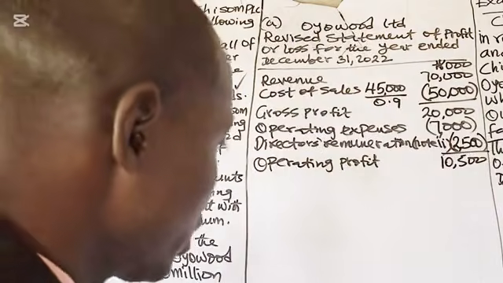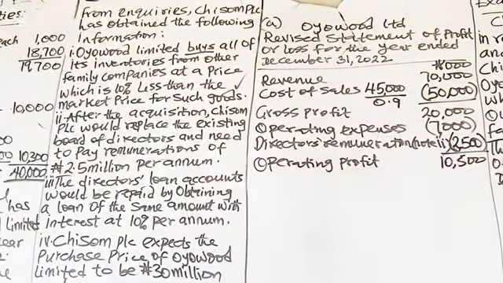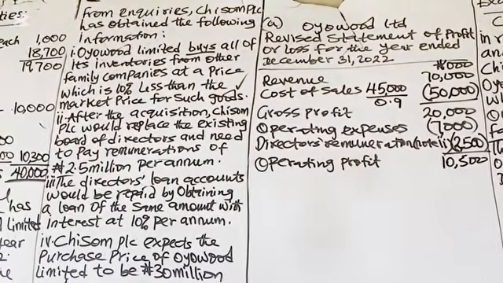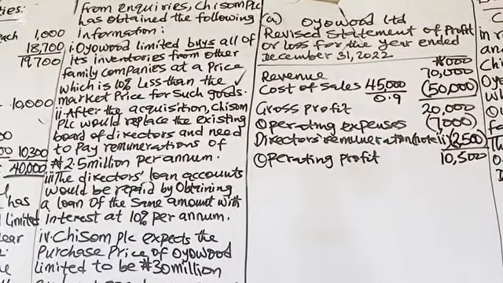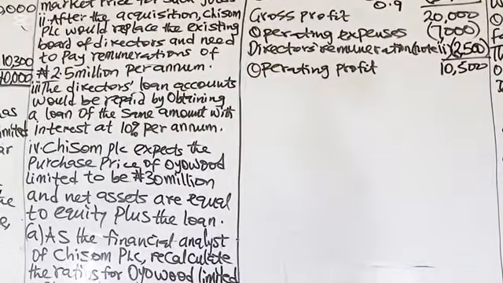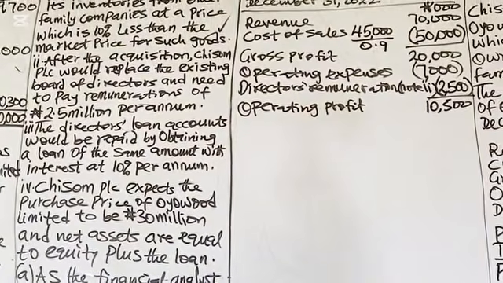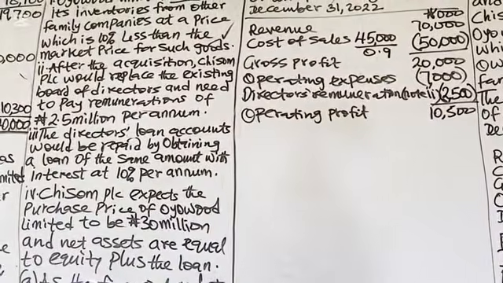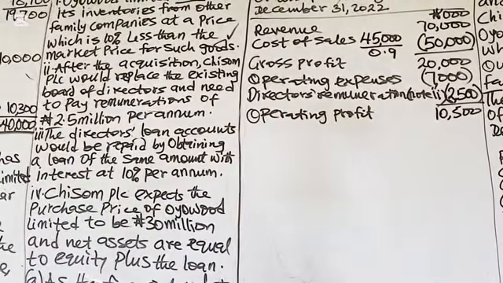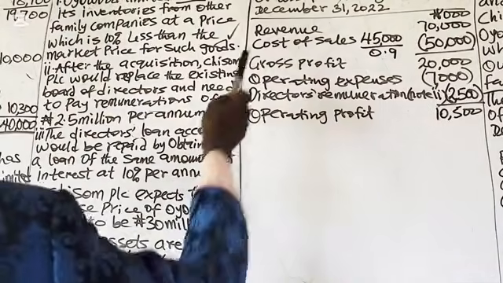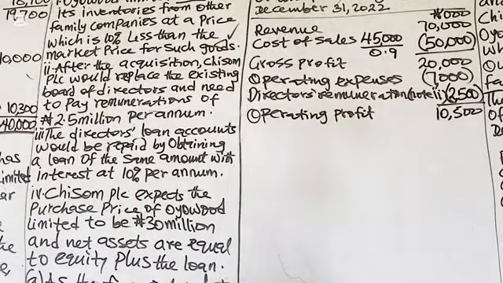If you go through the notes, there is no information about investment income anywhere in the question. So since there is no investment income, this our operating profit will also be the profit before financing and tax. But if the investment income is there, then the investment income will need to be considered before you can get profit before financing and tax.